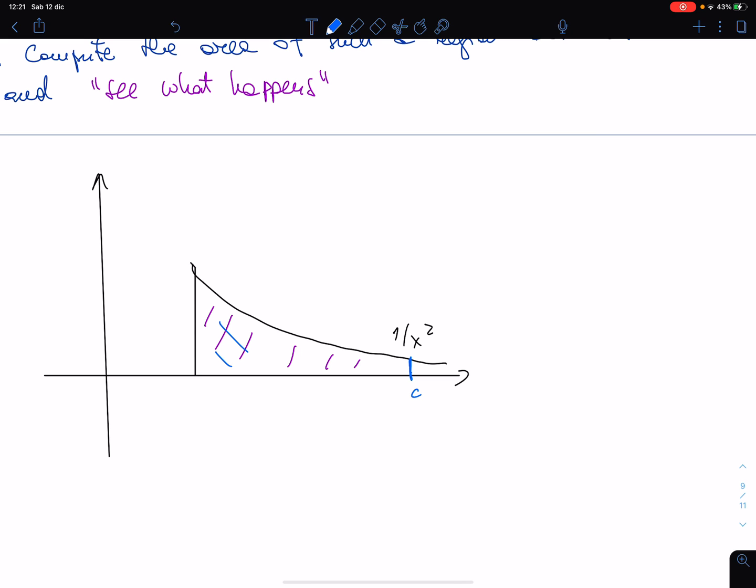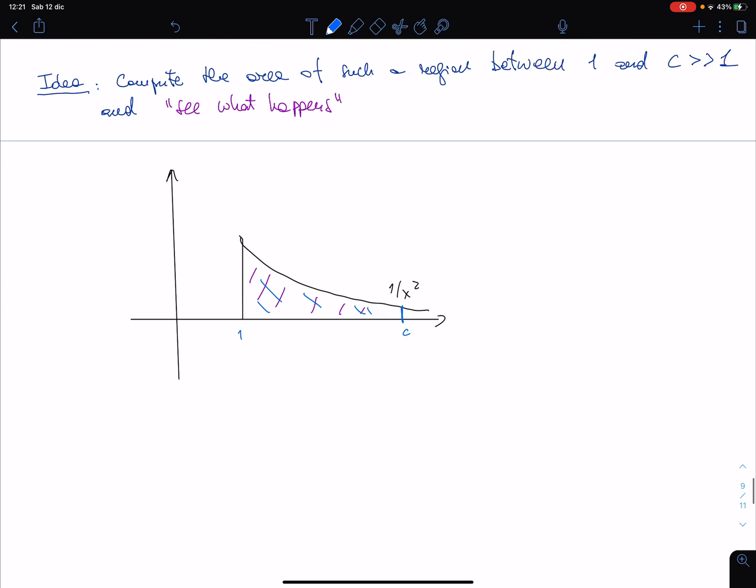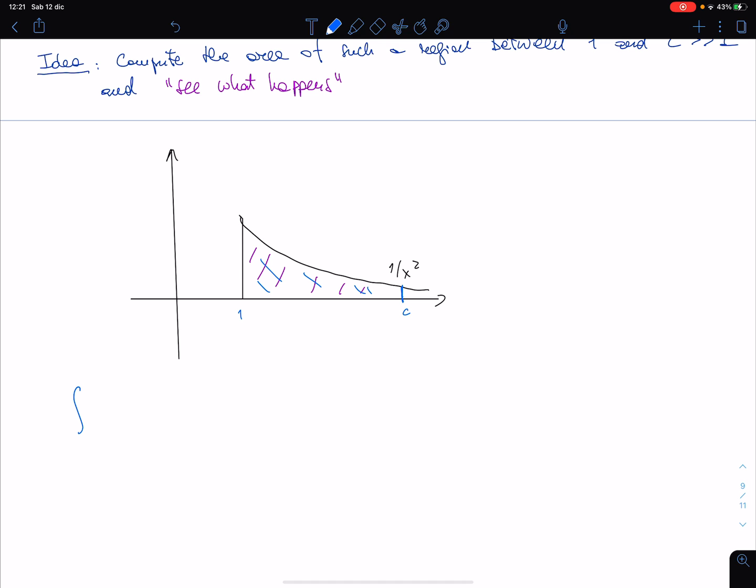So you first compute this area, which is the integral between 1 and c of 1 over x squared. You know how to compute it, and this is minus 1 over x between 1 and c. So you have minus 1 over c plus 1, which is c minus 1 over c. Is it correct? Yes. And this is very interesting.